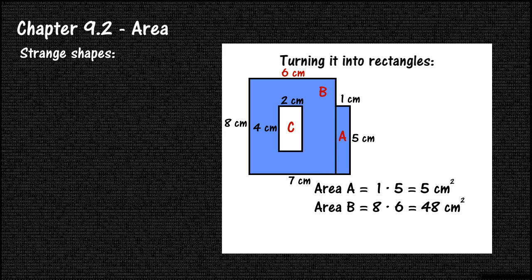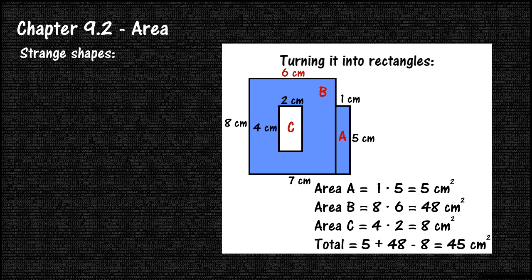Rectangle C, the hole, is 4 by 2, so 8 square centimeters. To calculate the area of the colored shape, we should add the rectangles A and B and then subtract rectangle C. So 5 plus 48 minus 8, which is equal to 45 square centimeters.